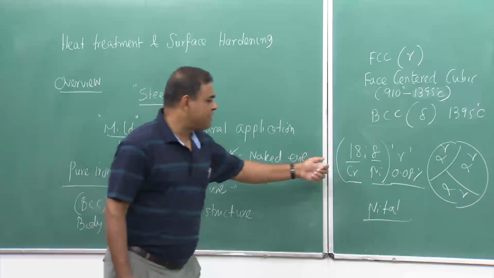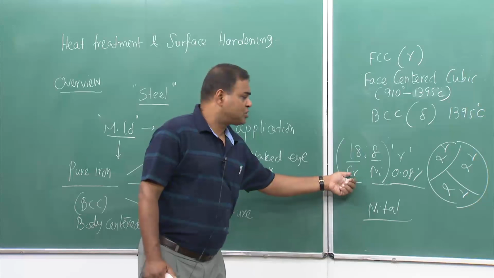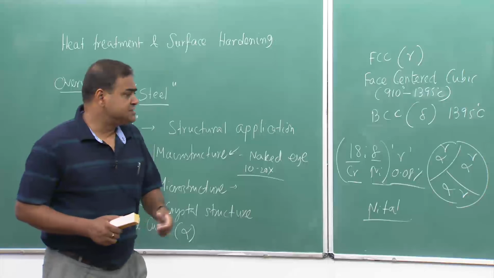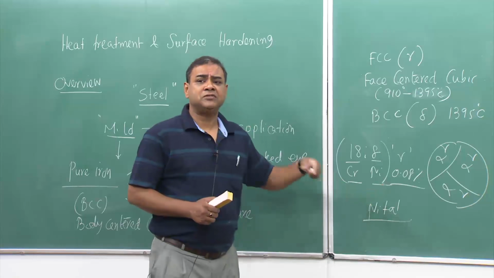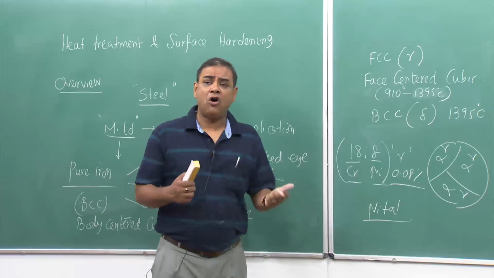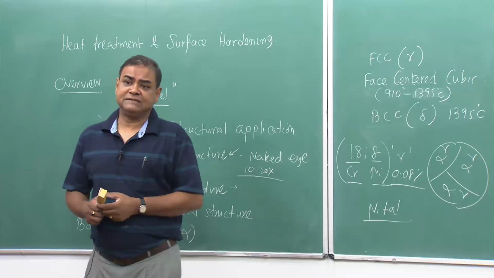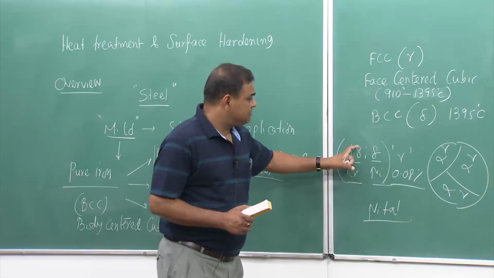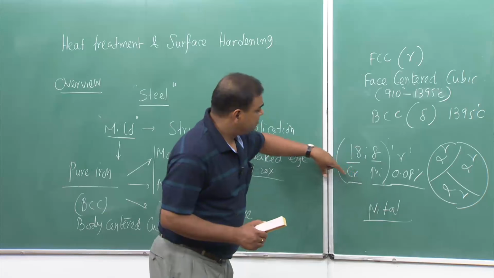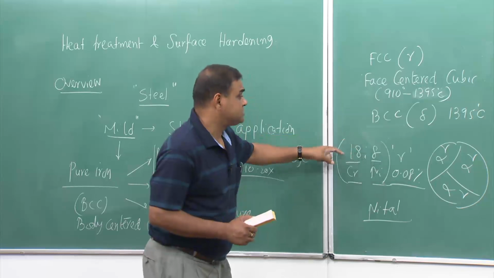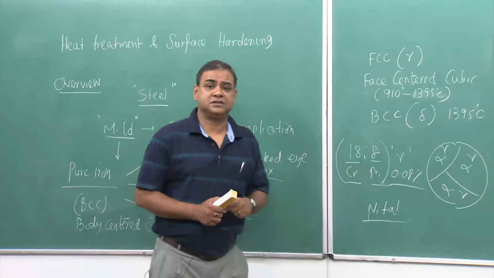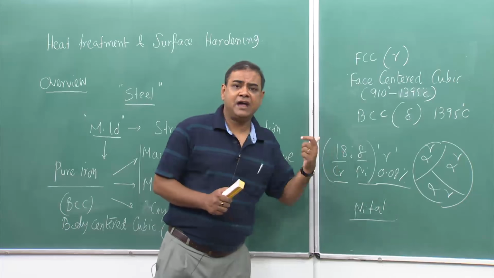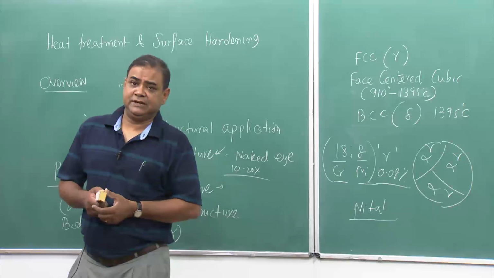That is why we are going for a high amount of alloying, because chromium and nickel are very costly alloying elements, and these costly elements are added in order to have the stainless property or extremely high corrosion resistance. So that means we are changing the crystal structure and associated composition, and getting a particular property, which is high corrosion resistance.